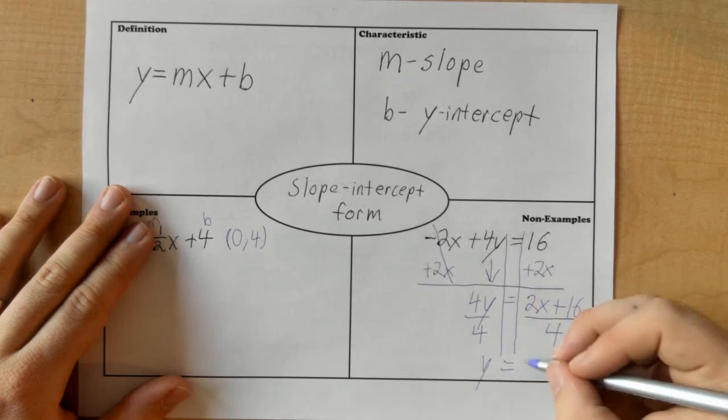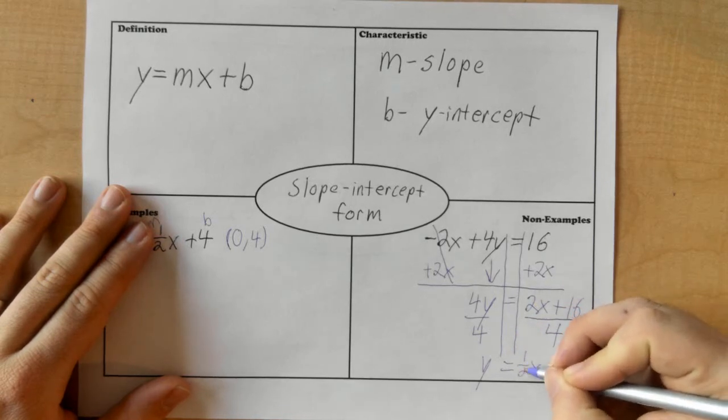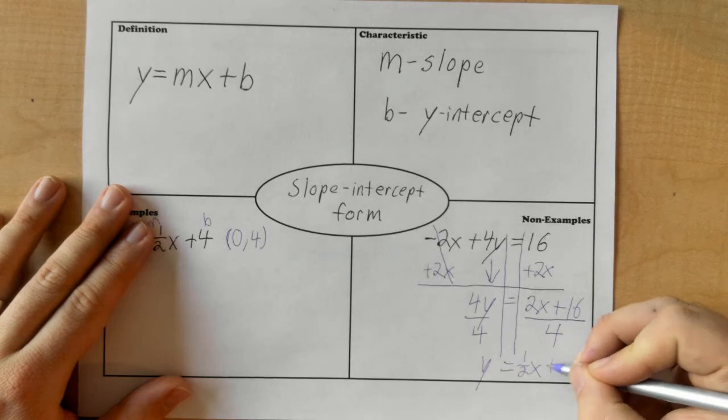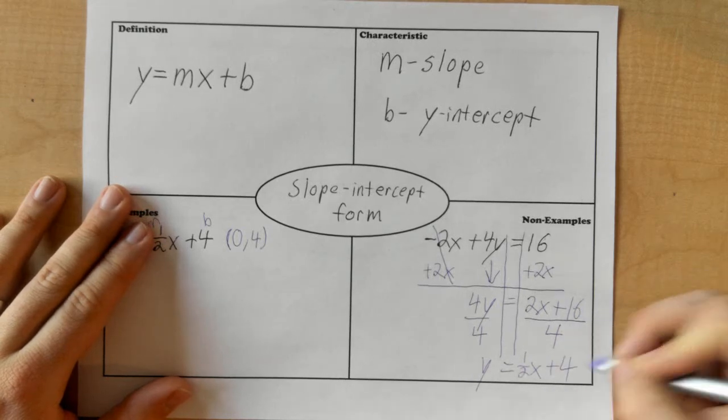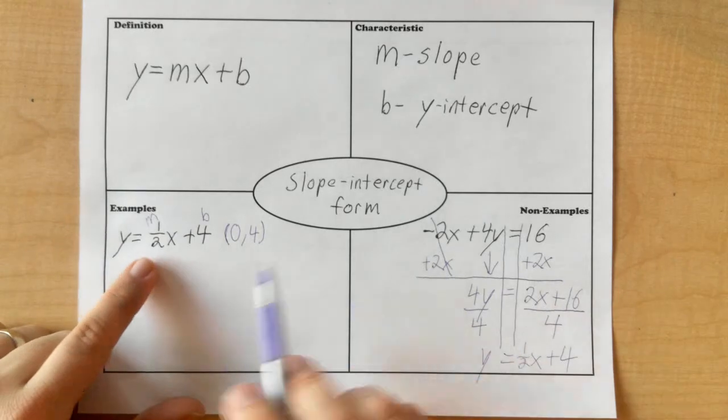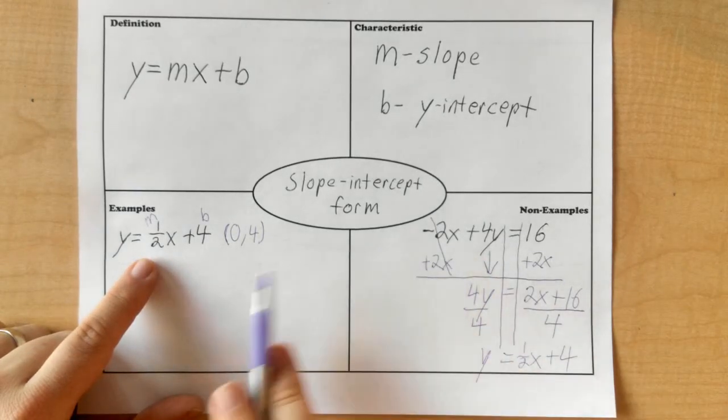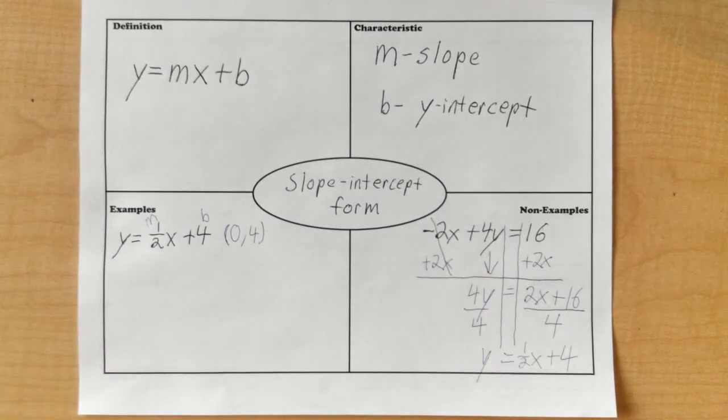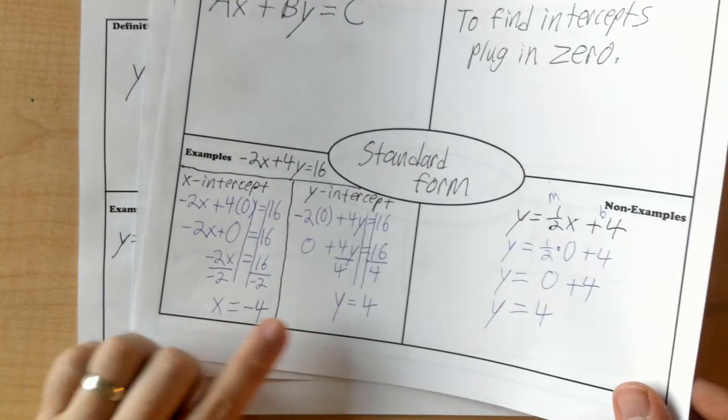So 2 divided by 4 is 1/2, and 16 divided by 4 is 4. So you can see that this is the same equation in two different forms here. And we found that the y-intercept, right, was 4.